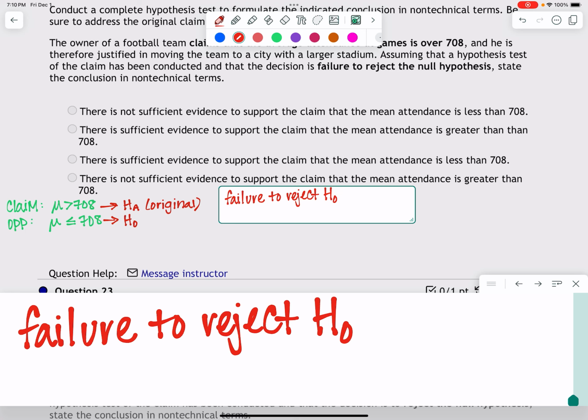The original statement was HA, so if you go to your table, under failure to reject, that's the bottom option.